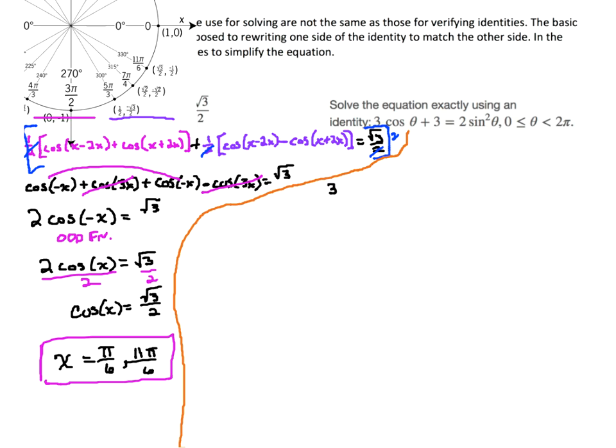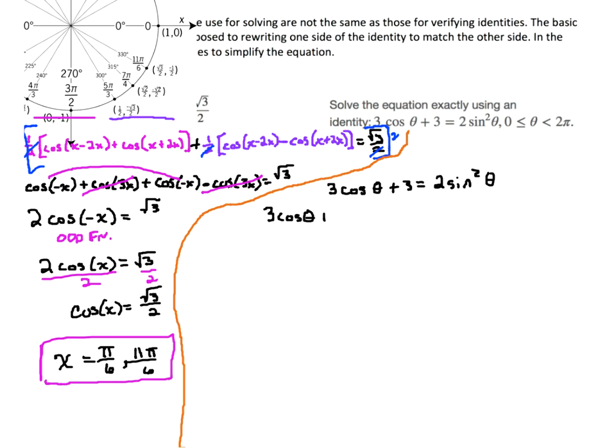So with this next one, I start out with 3 times the cosine of theta plus 3 equaling 2 sine squared theta. So once again, I've run into the issue of having a sine and a cosine in my problem. Sine squared theta is jumping out at me, so I'm going to use my Pythagorean identity to change that to 1 minus cosine squared theta.